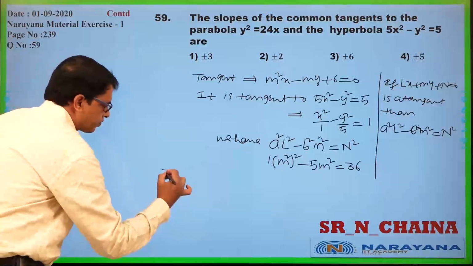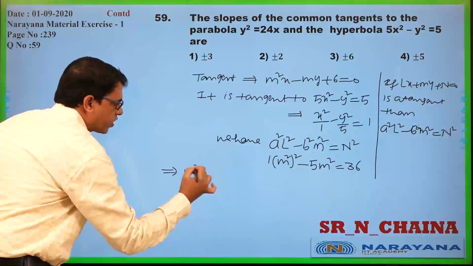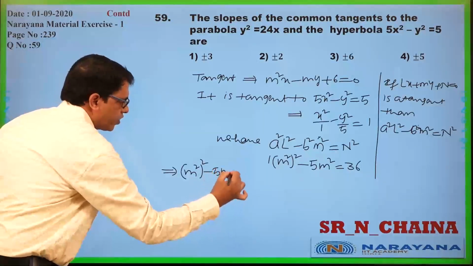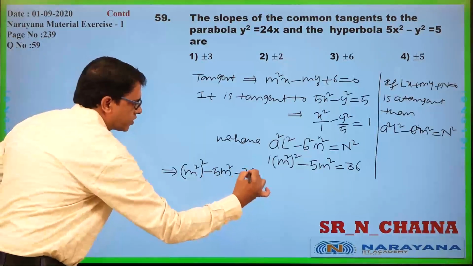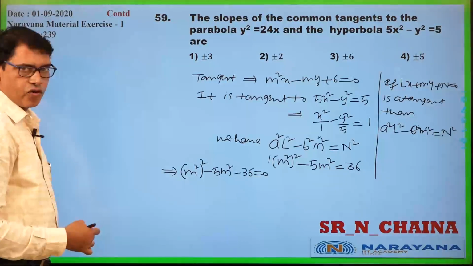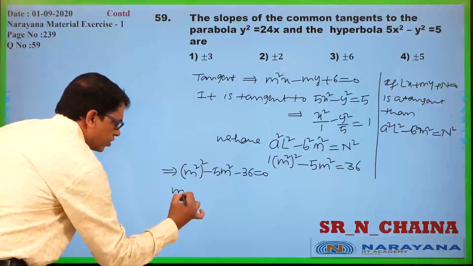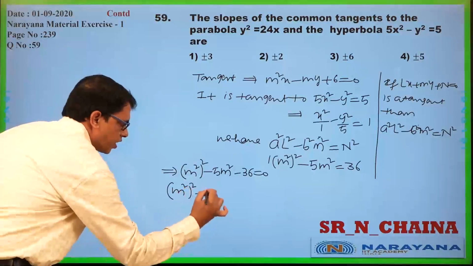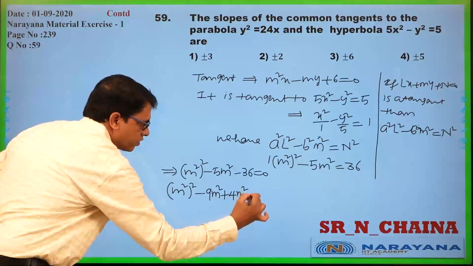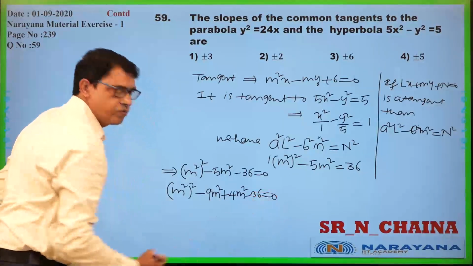Here, see, m square whole square minus 5m square minus 36 equals to 0. Factorization 9 and 4, that implies m square whole square minus 9m square plus 4m square minus 36 equals to 0. Okay?